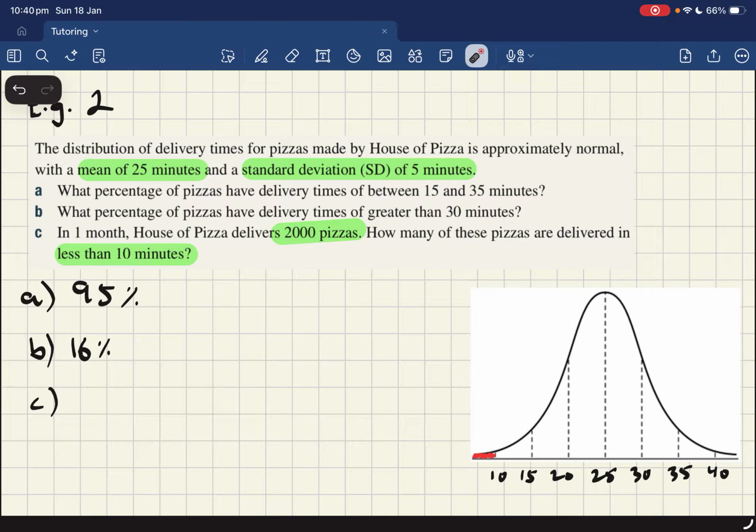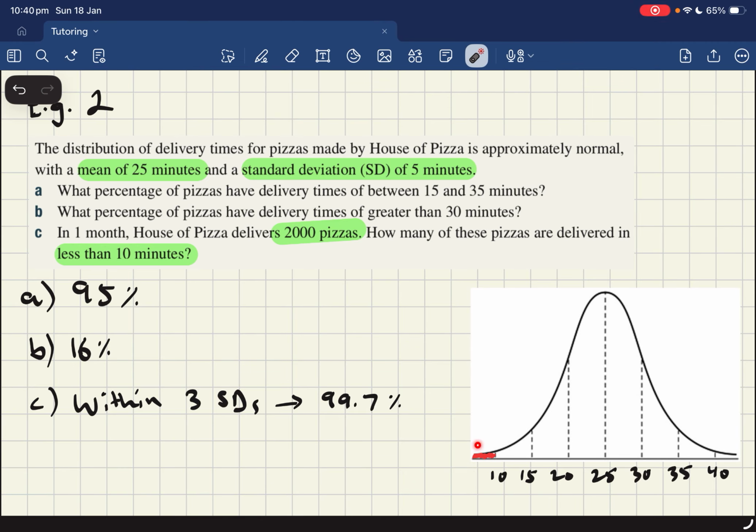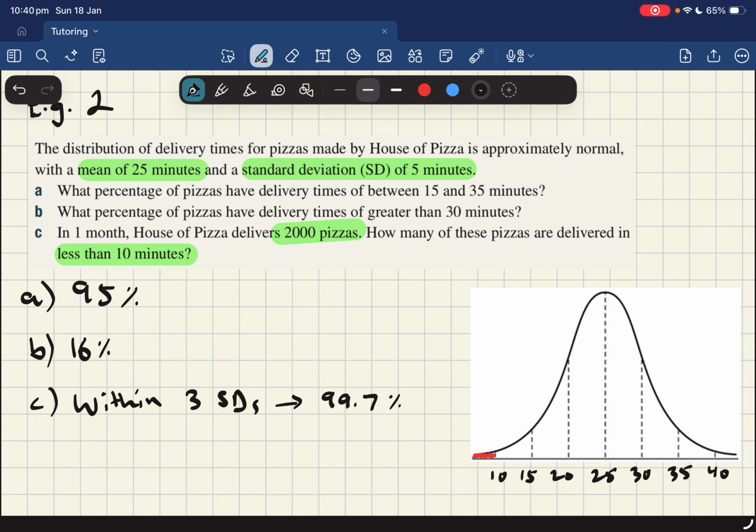Now, we know that within 3 standard deviations, it's 99.7%. So the ones outside of that, so either below 10 or above 40, is going to be 0.3%. So I'm just going to make a note of that.